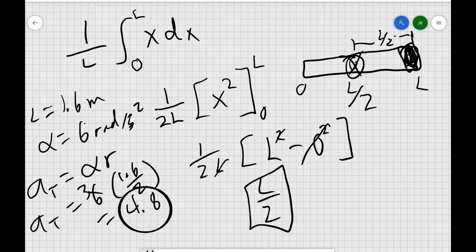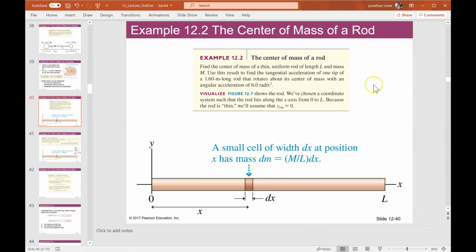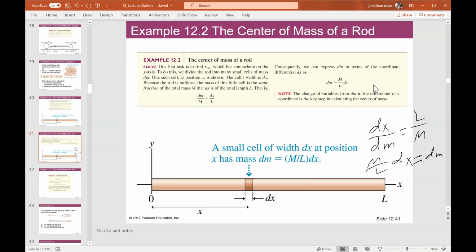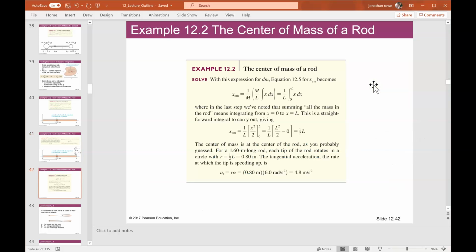I really am not. So I hope that's the right answer. 4.8 meters per second squared. Let's go over here and see if we got it right. Look what I got. They got 1/2 L, which is the same thing as L over 2. And they got 4.8 meters per second squared. Booyah.